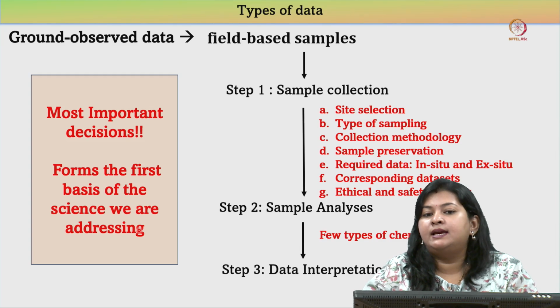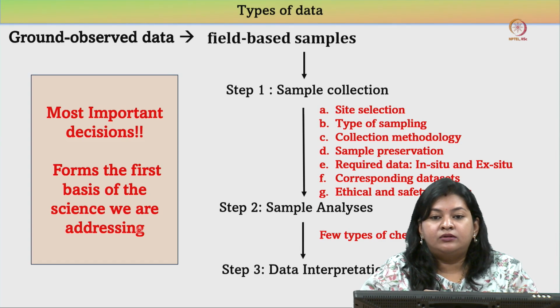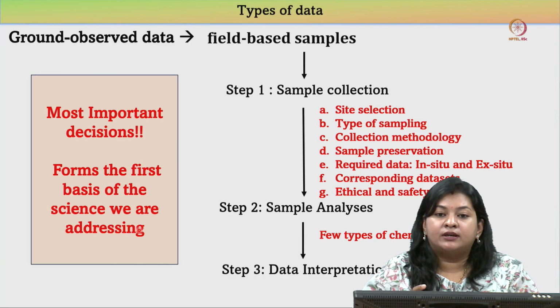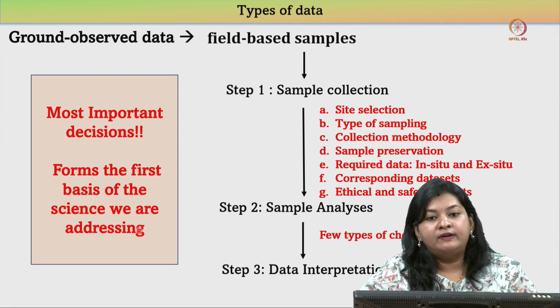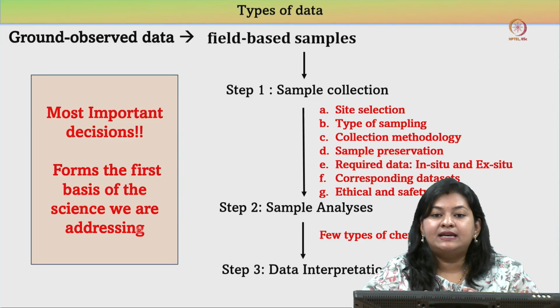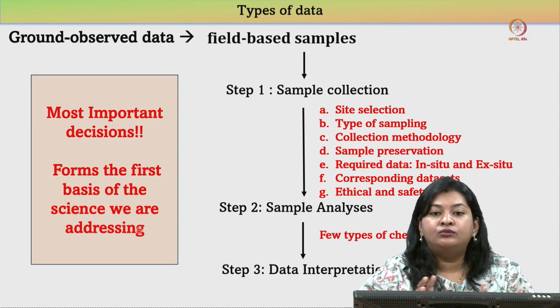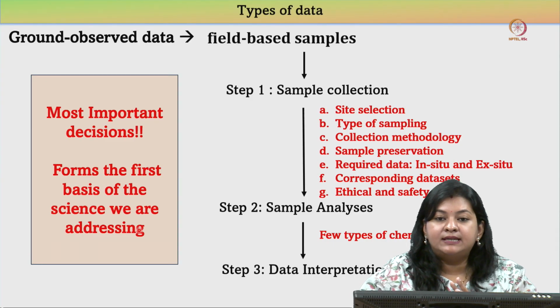Now, if I give you a project to collect a groundwater sample, will you just simply go and collect a water sample from anywhere? No, right. You always have to have some background work done, some kind of selectivity on where to do it, how to do it, in what frequency, and what other data is required.